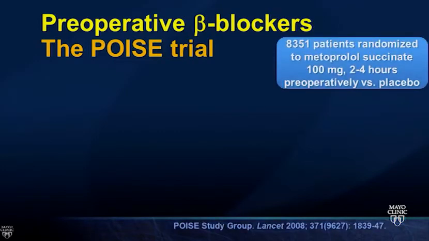And the POISE trial was published in The Lancet in 2008, looking at a much larger group of patients, over 8,300 patients randomized to metoprolol succinate 100 milligrams, so relatively high dose, given 2 to 4 hours before going to the operating room. So these patients got their beta blocker and then went off to surgery.